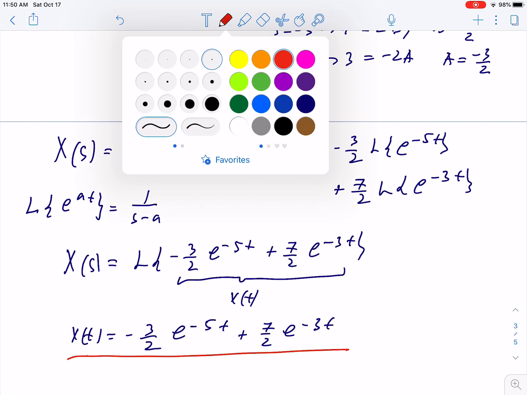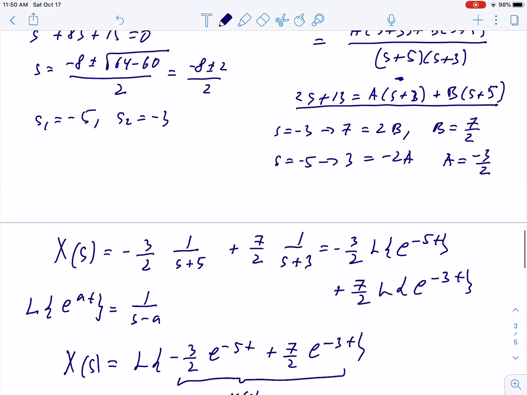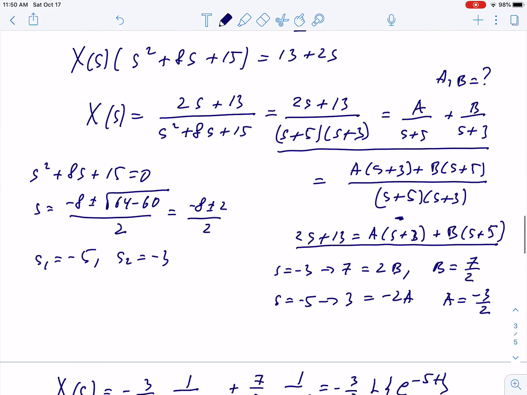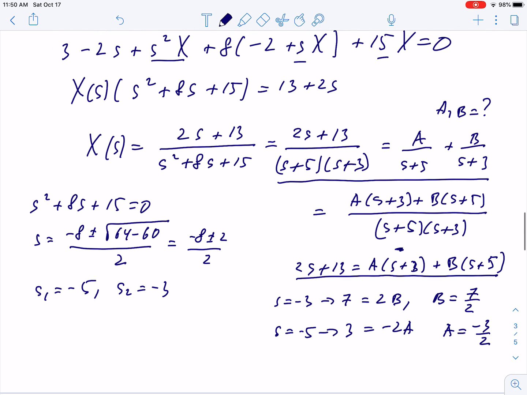Now it will be very good to solve this equation again using the characteristic polynomial, the characteristic equation. It's a very simple method. You find the real roots, they're already here.